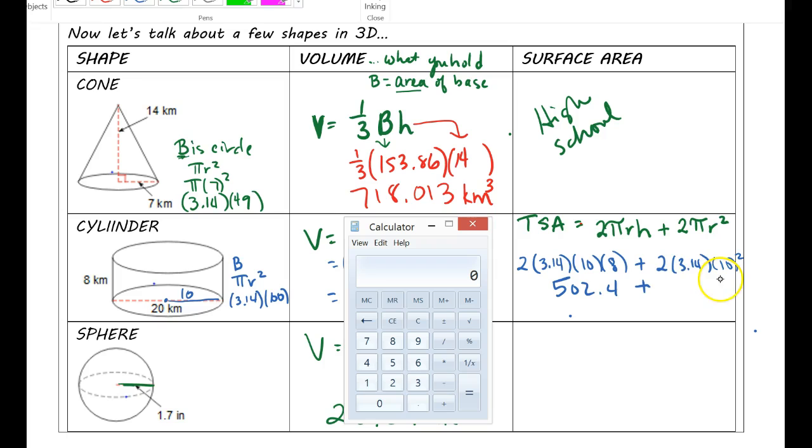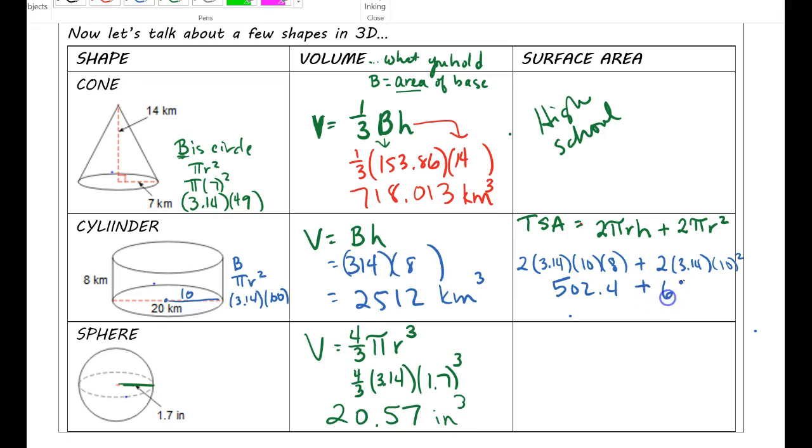So here we go. 2 times 3.14 times, okay, what is 10 squared? Well, 10 times 10, oh, I answered it before I got to ask it, my bad. 10 times 10 means 100, so that's what's going there. So over here I'm getting 628.